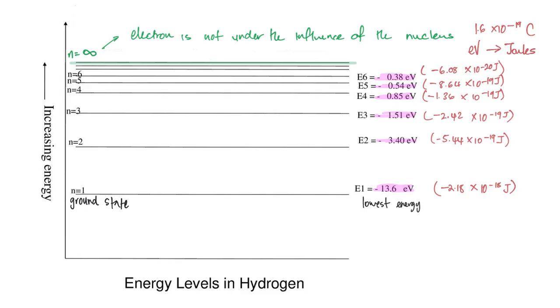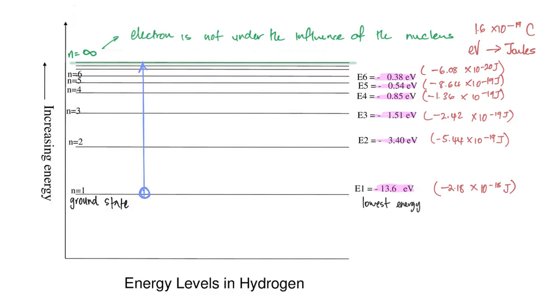So let's say I had an electron. I'm just going to give my electron a color here. Let's say I had an electron here. That's my electron. And now I want to get my electron to be ionized. What I've got to do is take it from level 1 here, and I've got to take it all the way up to n equals infinity.